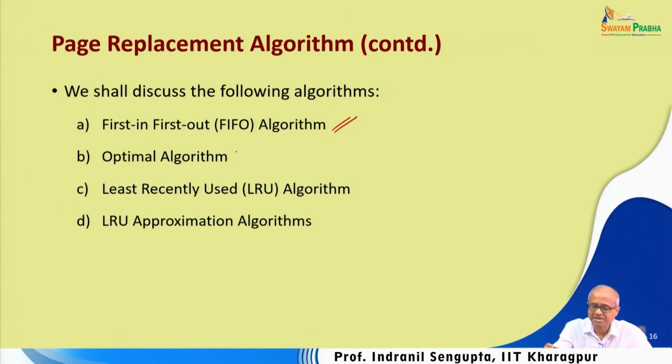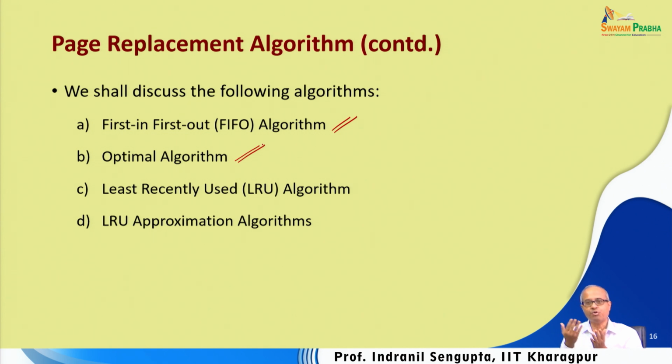And the second one is a theoretical algorithm, it cannot be implemented in practice. This is called the optimal algorithm. What we are saying is that we select the victim page as follows: the page that will be accessed farthest away in the future, select that one for removal.